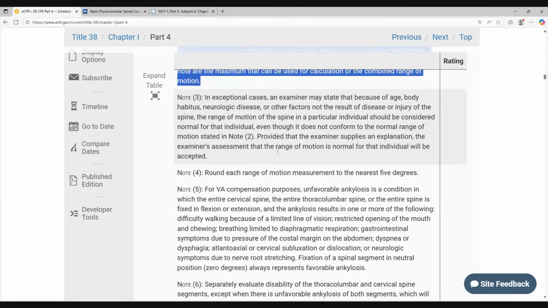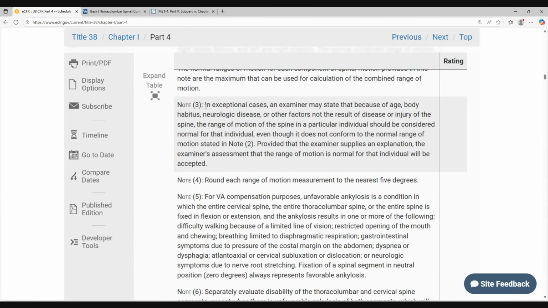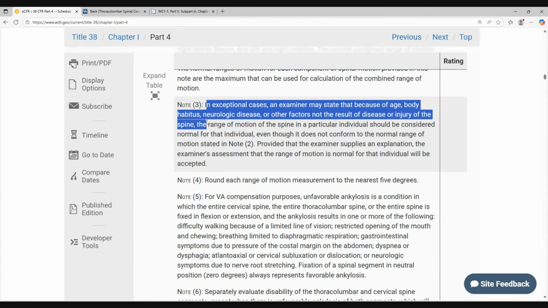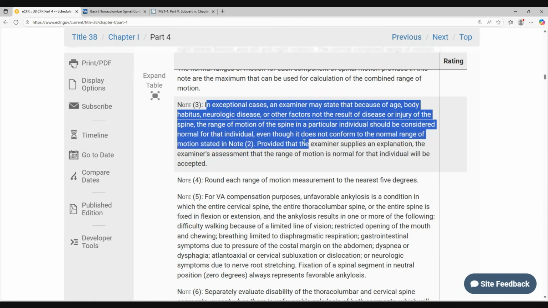Okay, note three. This one I don't like. The examiner may state that because of age, body habitus, neurological disease, or other factors not the result of disease or injury of the spine, the range of motion of the spine in particular individuals should be considered normal for that individual, even though it does not conform to the normal range.